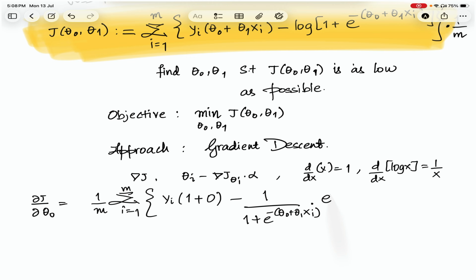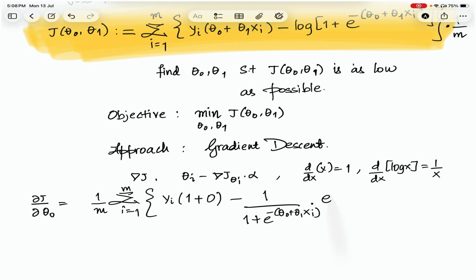Alright, that looks good. So we got 1 by m summation through m yi minus, so it's exponential negative z over that. I think I missed out a 1 yesterday.